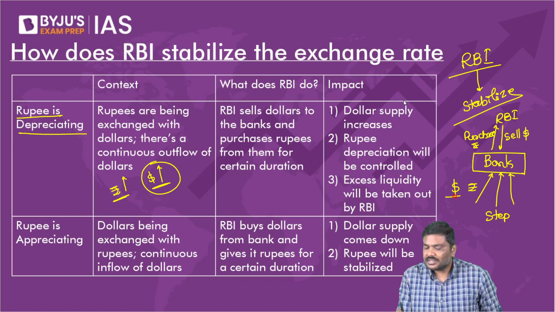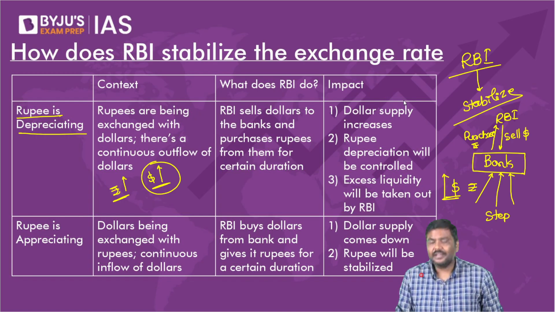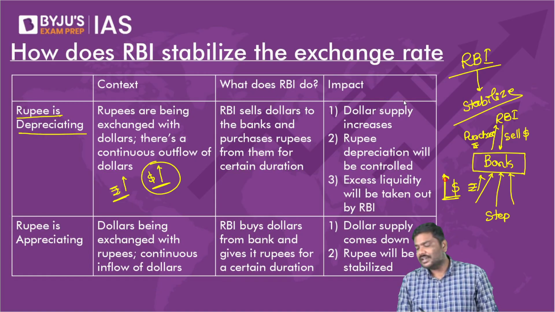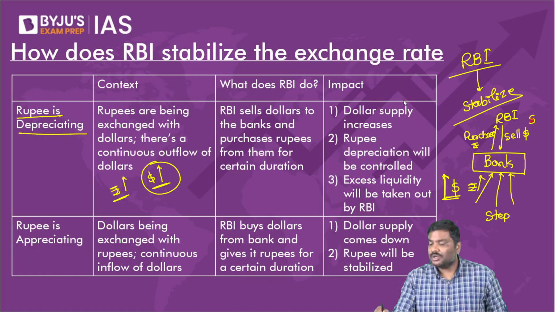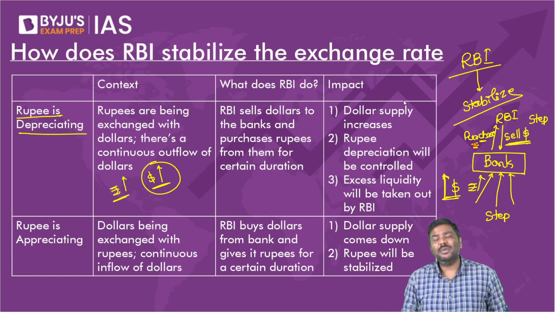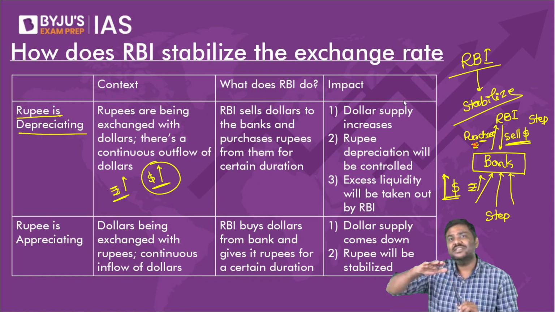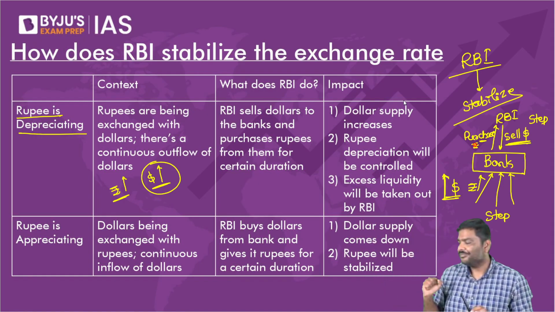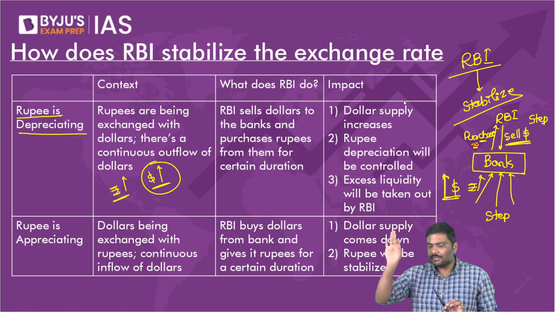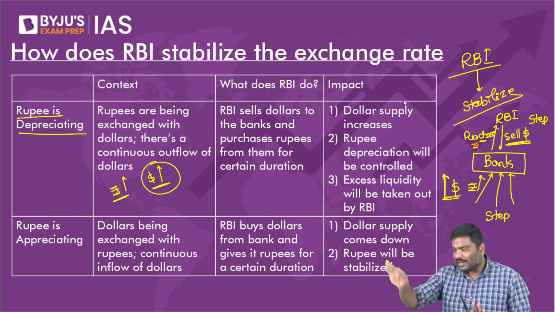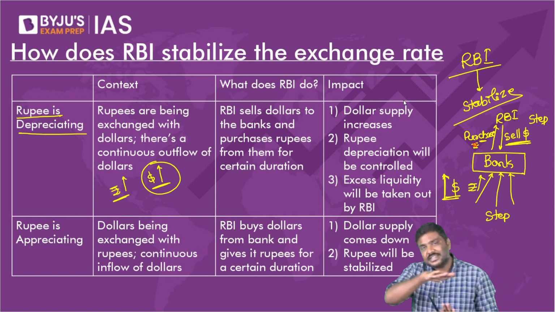Now please tell me, in step one, the supply of rupee was increasing and demand for dollar was increasing. And in step two, RBI will supply dollars and purchase rupees. Don't you think this will stabilize the exchange rate? Think of this and please do let me know.